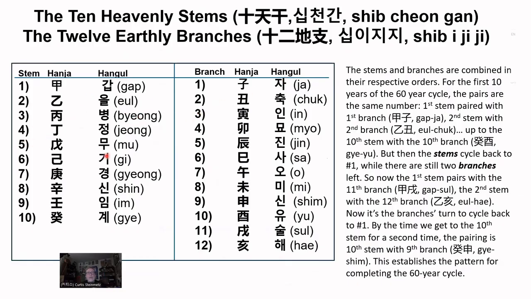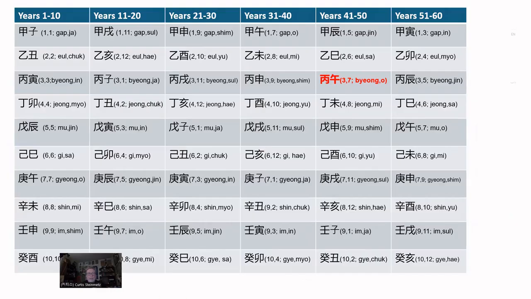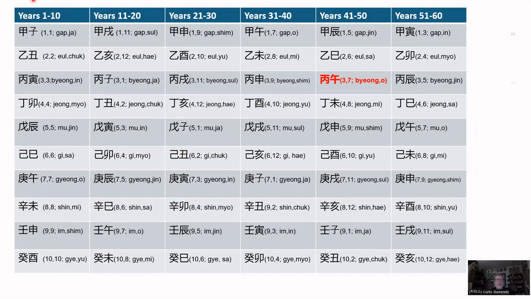Anyway, if you think it's confusing now, look at the next slide. This is all 60 years in the cycle. Years 1 through 10, years 11 through 20, 21 through 30, 31 through 40, 41 through 50, 51 through 60, showing all of the combinations.